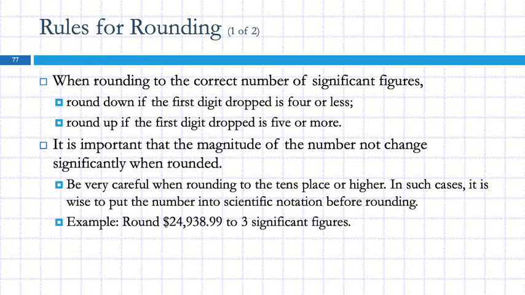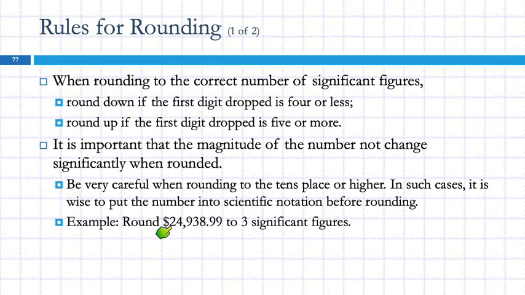When we're rounding numbers, it's really important that we don't change the magnitude, the overall size of the number. So sometimes we need to round in the tens place, not tenths, but tens or hundreds or thousands. And sometimes people come up with just ridiculous answers. So let's look at this one. We've got this amount, $24,938.99. We're supposed to round to 3 significant figures.